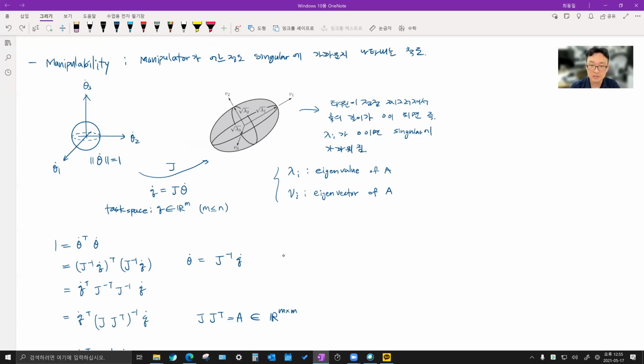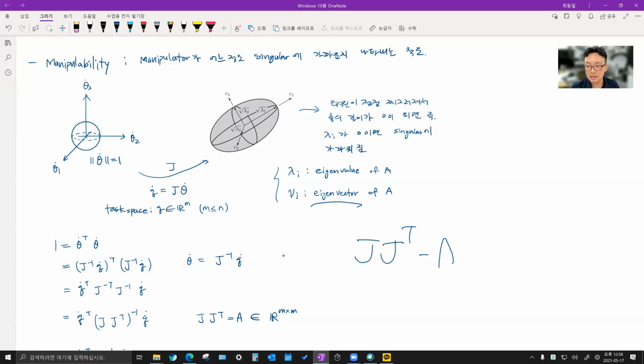The shape of this ellipsoid can be calculated using J multiplied by J transpose. So let's define this one as A. The eigenvalues of A give the size of the ellipsoid, and the eigenvectors of A give the direction of the axes.